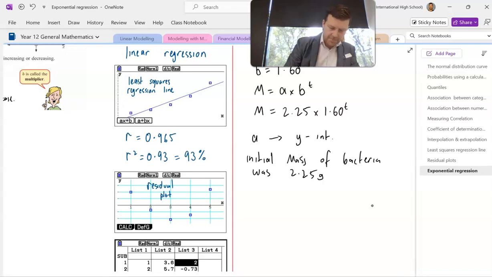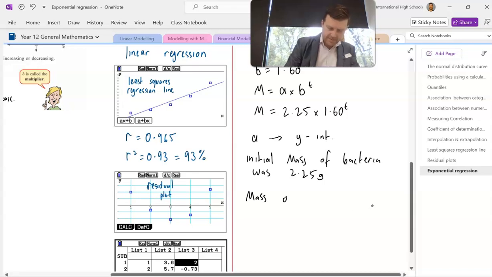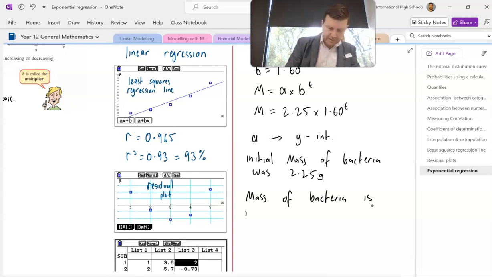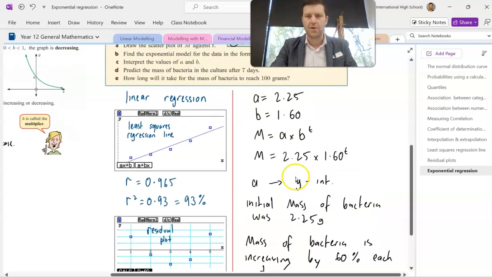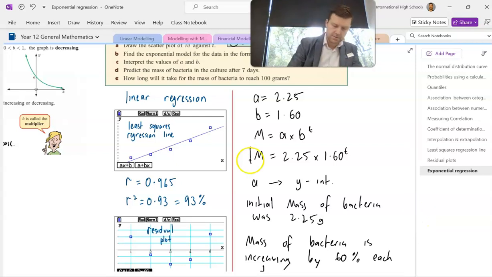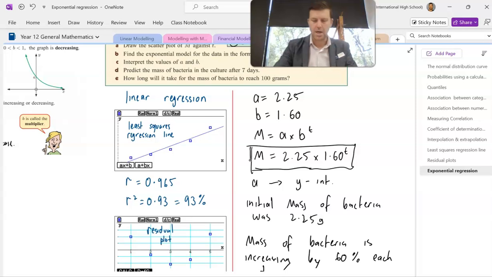So the mass of bacteria is increasing by 60% each day. Okay, so that's in the context of the problem, the meaning of A and B from this exponential equation.